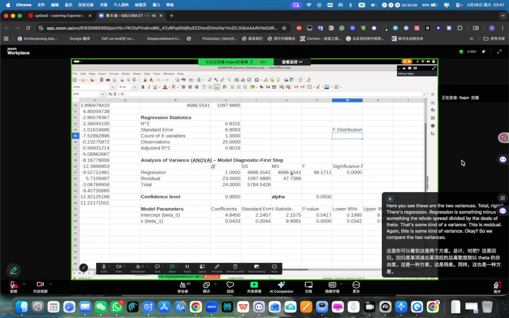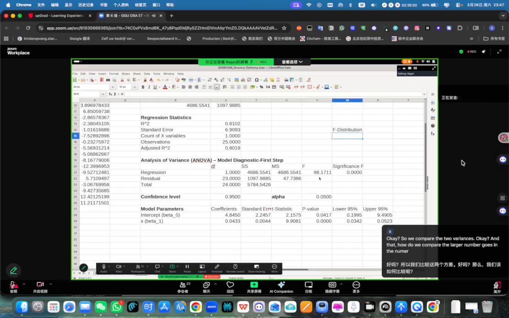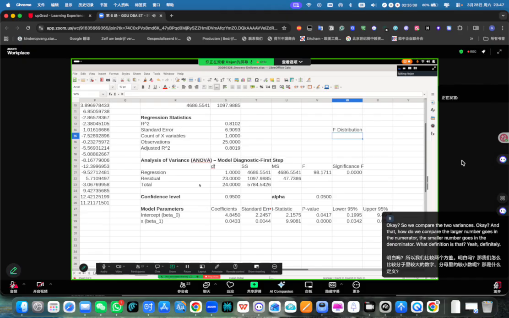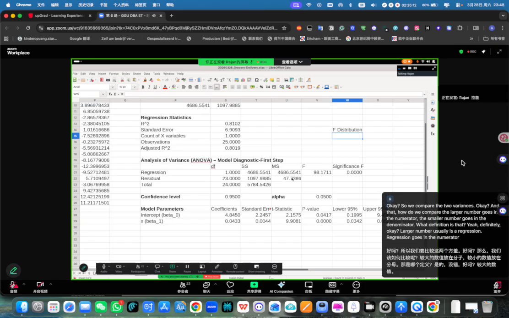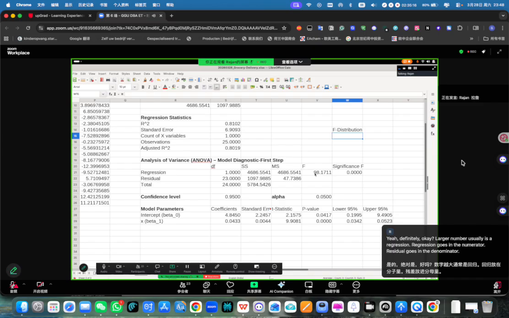How do we compare? The larger number goes in the numerator, the smaller number goes in the denominator. That is the F definition. The larger number is usually the regression. Regression goes in the numerator, residual goes in the denominator.